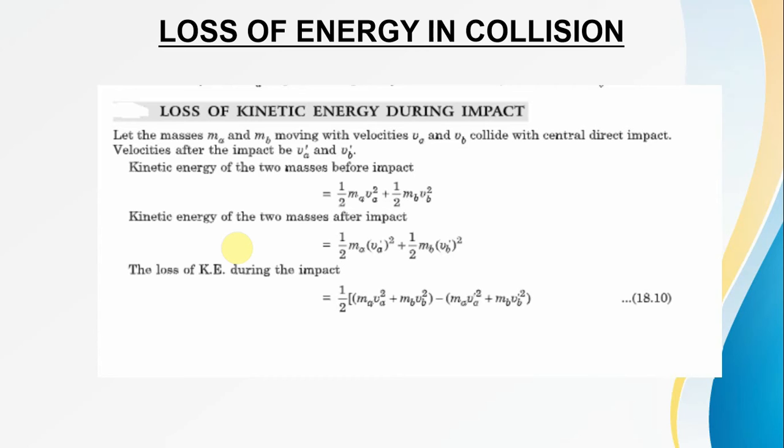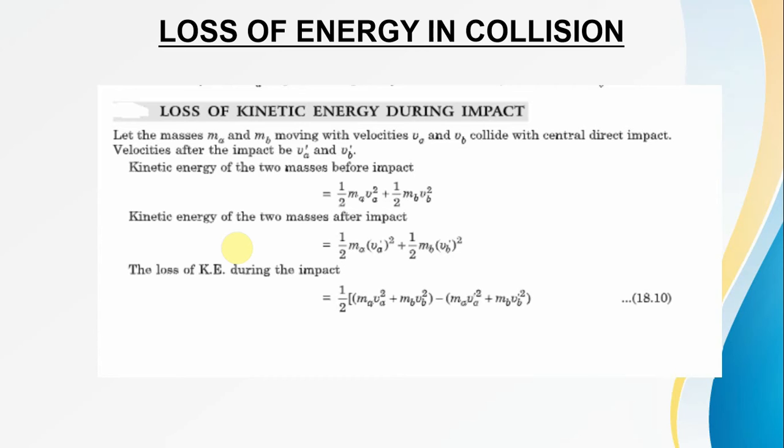Then it is known as central direct impact. So we have two masses Ma and Mb having velocities Va and Vb colliding with central direct impact, right? And the velocities after the impact, let them be Va dash and Vb dash.